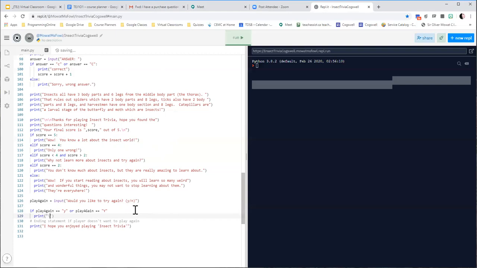So that would be a \n. And since the asterisk operator is overloaded, when I say times 20, what it means is print that out 20 times, and the \n is a blank line. Okay, so that should make it, whoops, that's not what I meant to do. That should make it look much nicer.